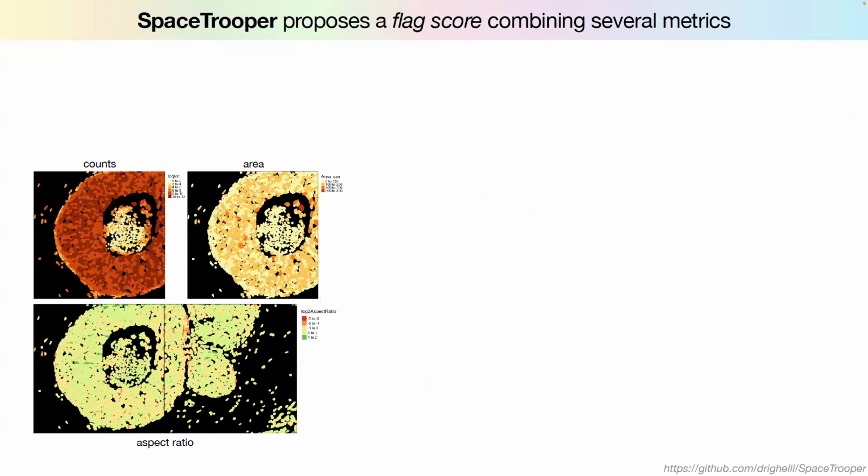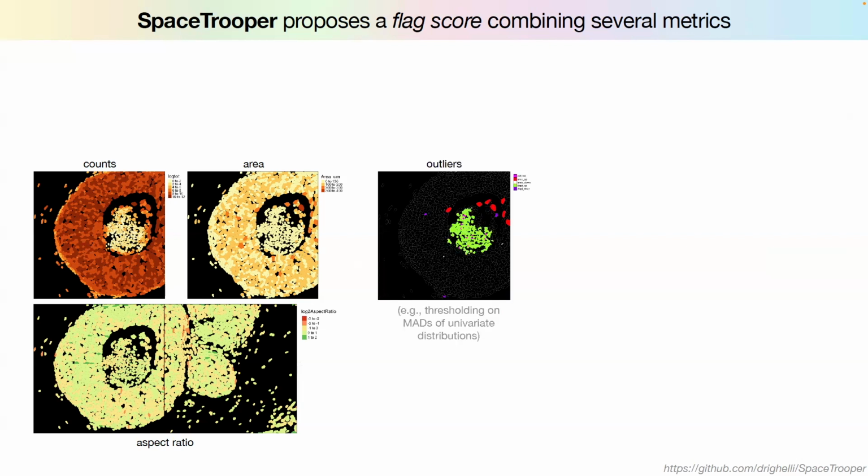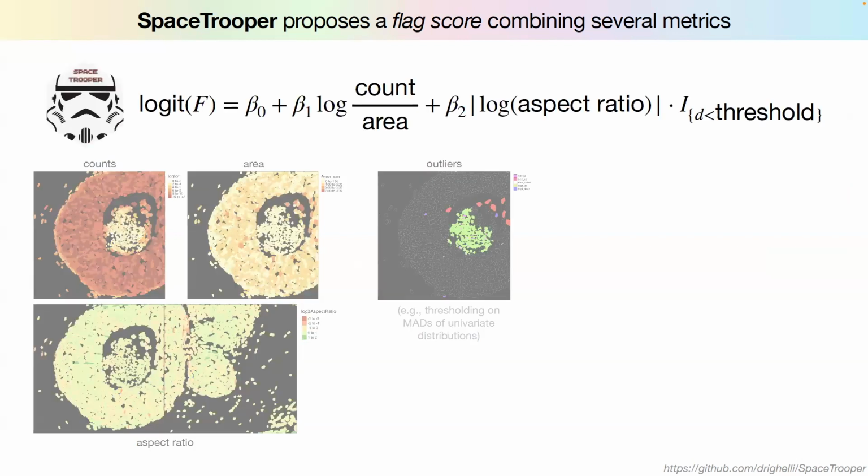And that was what, this is currently just a GitHub, but I think it will be a preprint soon, where they take all of these different metrics, counts, area, aspect ratio, and then they say, okay, if we pick outliers based on all of these, we get something, but if we combine them all, we get some kind of score that combines all of these different criteria together.